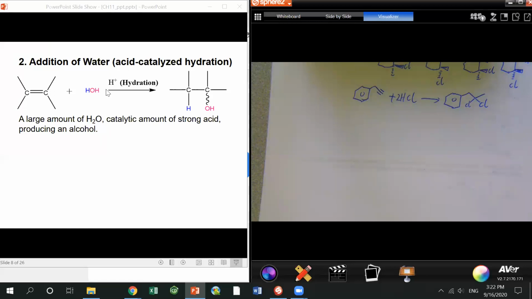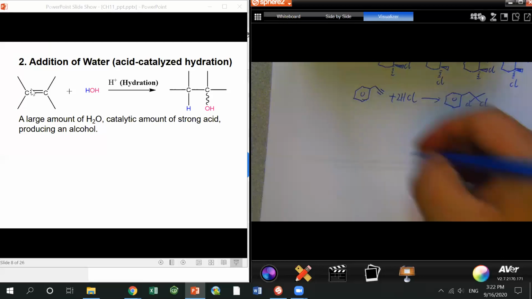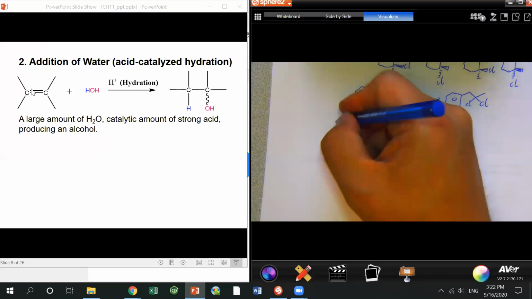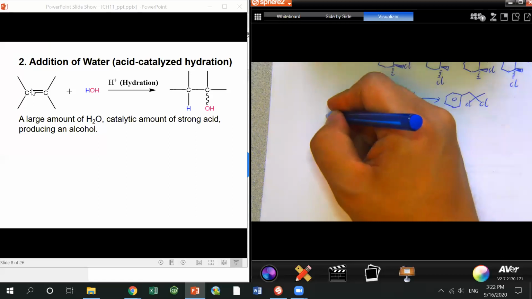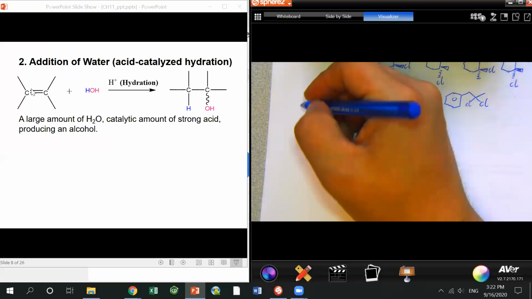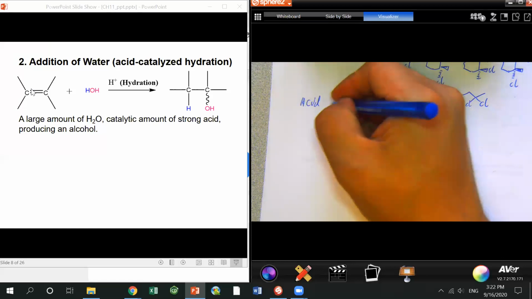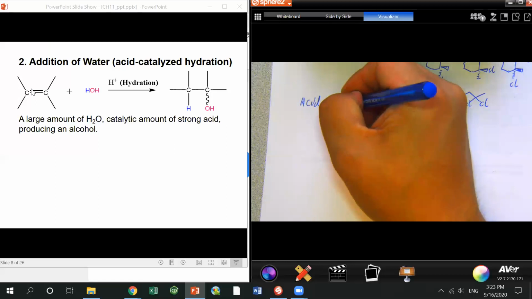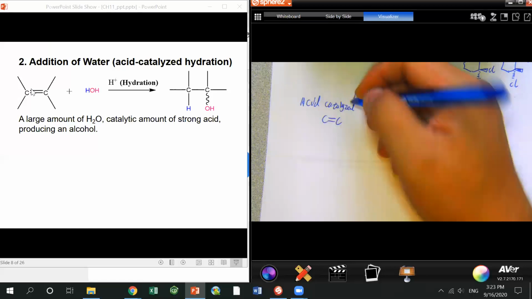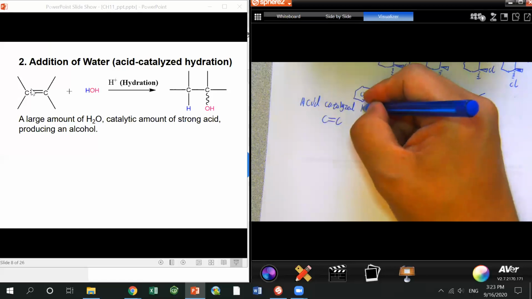So we use some strong acid to add the hydrogen to the bond first. Maybe I'll show you what's going on. So this is the acid-catalyzed hydration.